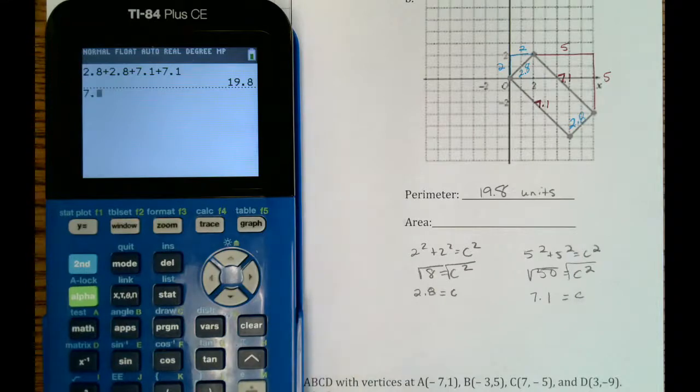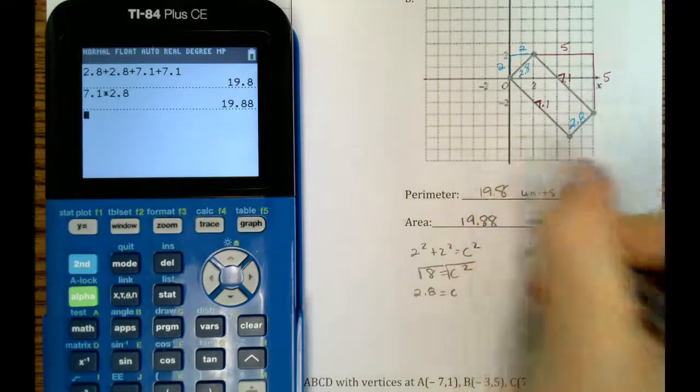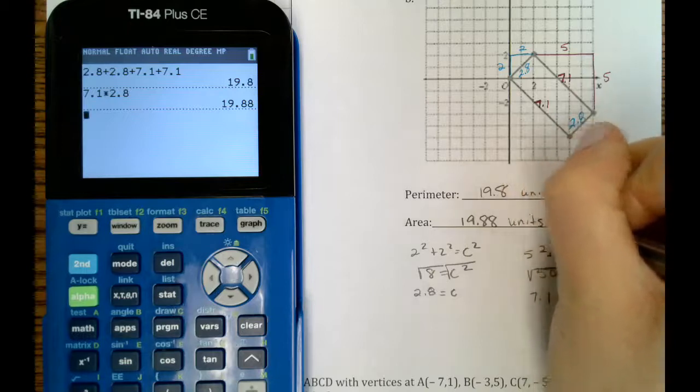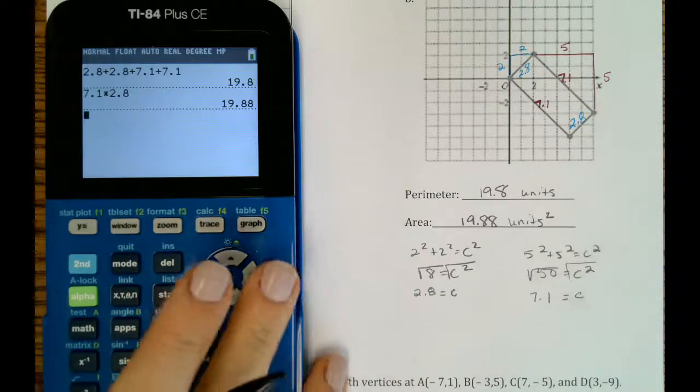Okay, and then the area, we will multiply base times height. And that gets us 19.88 units squared. You could round that to 19.9.